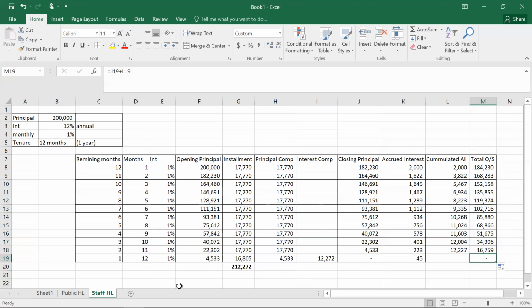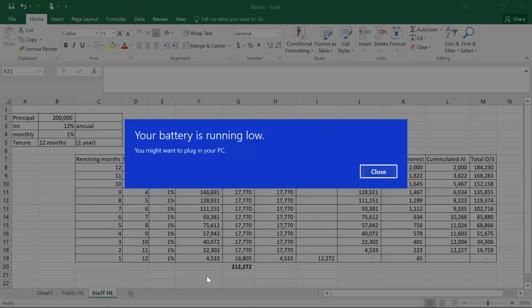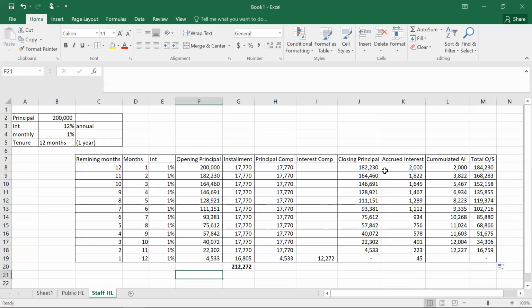So now what you can see is, what is the saving? What is the last installment? It is 16,805. It includes the principal component that was remaining for this last month, the interest component, that is the entire cumulated accrued interest that has to be recovered, plus the accrued interest for the current month.